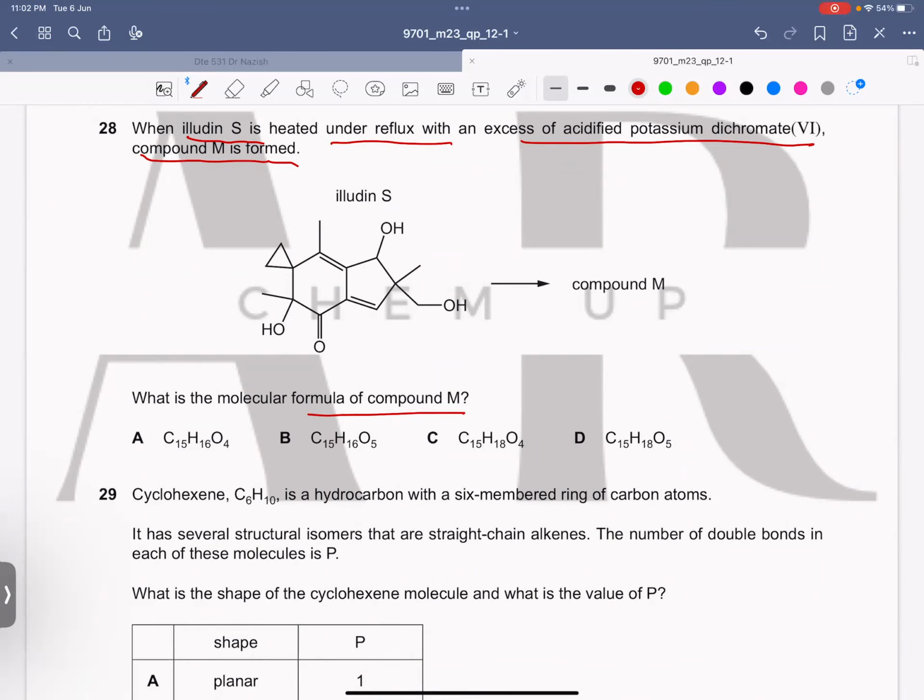Okay, when S is heated under reflux, it would be oxidized.